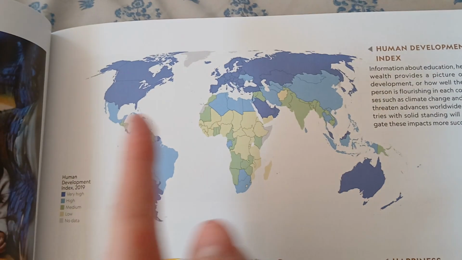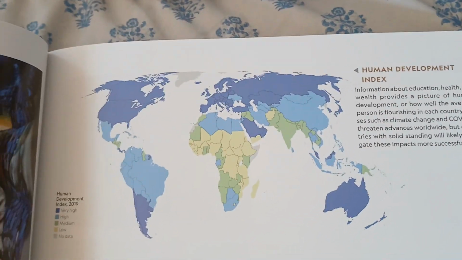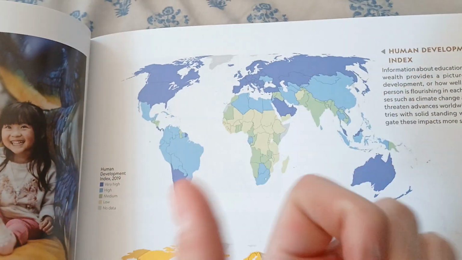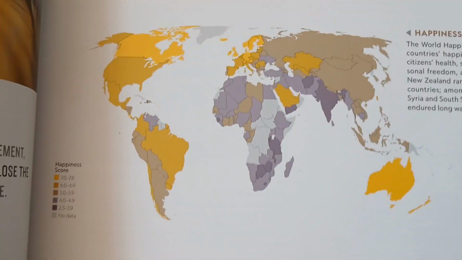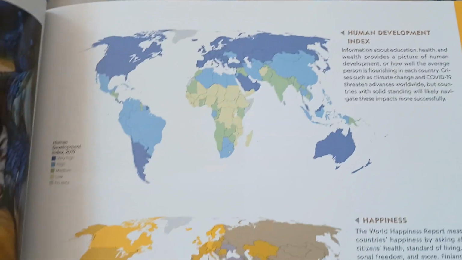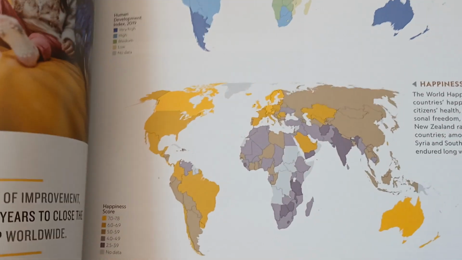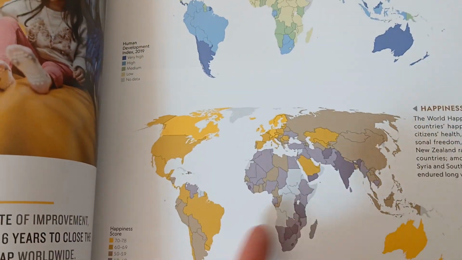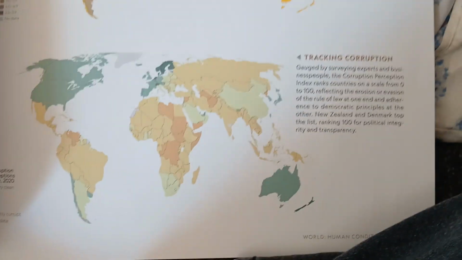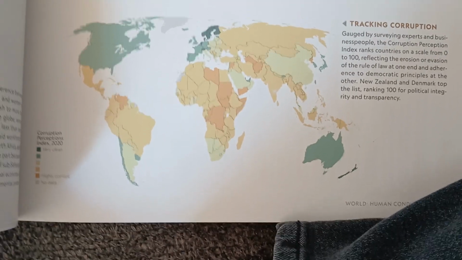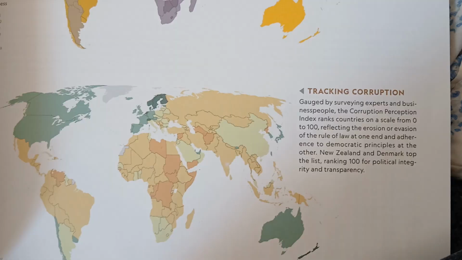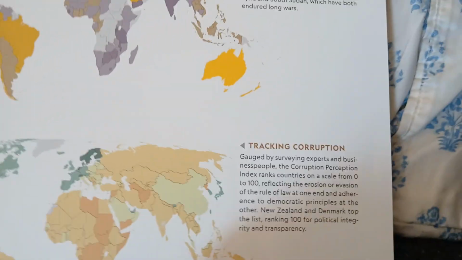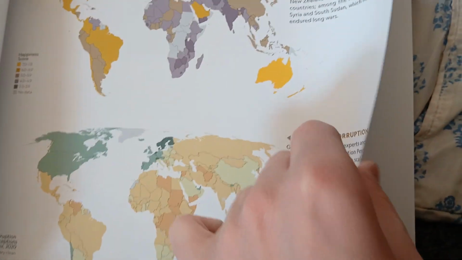So here you got quality of life. The darker it is, the more happy the people are. And then this is human development. And then this is happiness, so the lighter it is, the more happy it is. And then this is corruption, so the darkest places are the places with the least corruption.